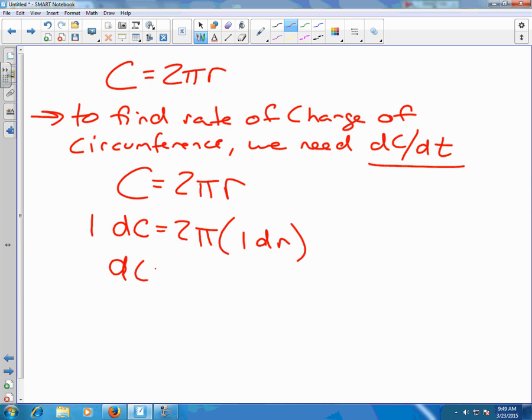We just ignore the 1s. Then remember, we can divide both sides of an equation by the same thing and never change it. So essentially, just divide by dt.